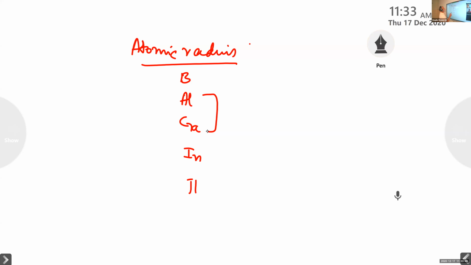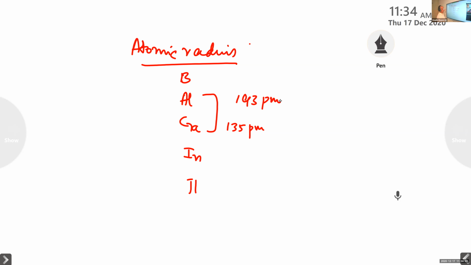According to our expectation, gallium is larger than aluminium. But the atomic size of gallium is found to be only 135 picometer, while that of aluminium is 143 picometer.